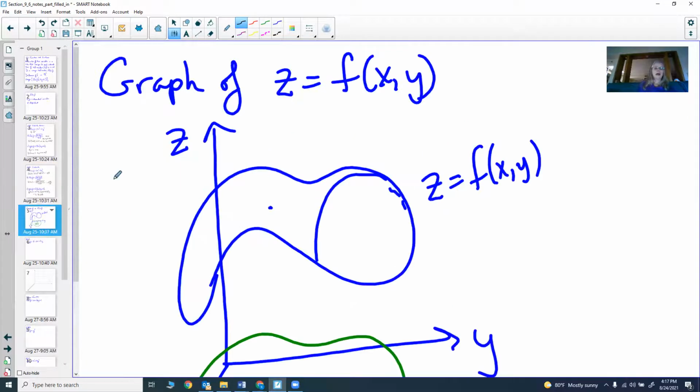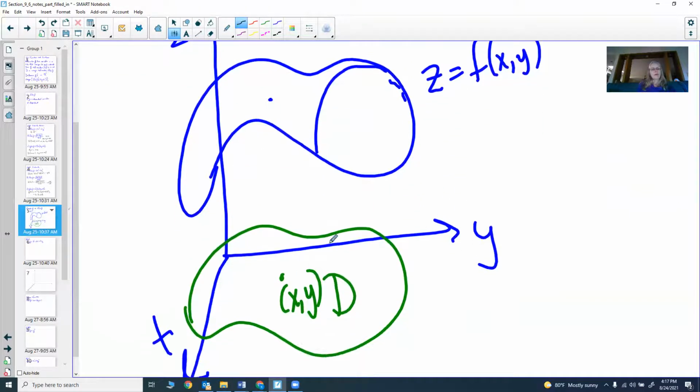If I wanted to go graph this, one of the things I want to think about is I'm trying to graph this function z equals f of x, y. So if you think about it, z is your function value along the, we like to think of it as the vertical axis. If you think about the floor as your xy plane and the corner of your wall as your z axis, then you can think about having some function here that's drawn above your domain.